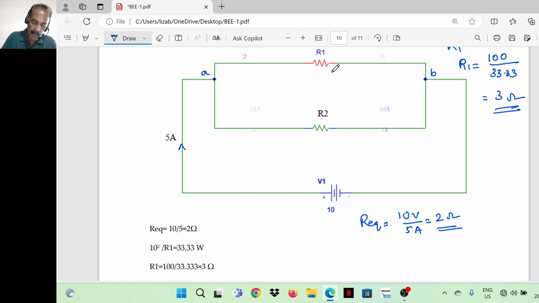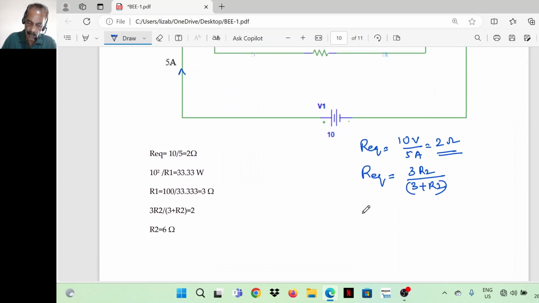R1 we already got as 3 ohm. So R equivalent is also equal to 3 into R2 divided by 3 plus R2, which is equal to 2. So R2 can be solved as 6 ohms.